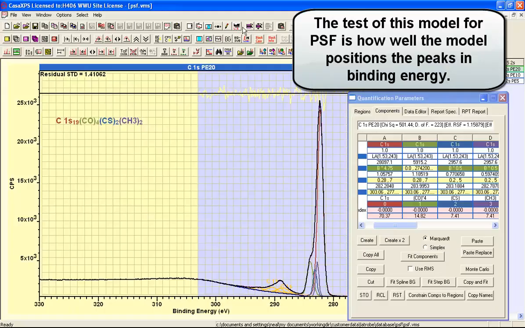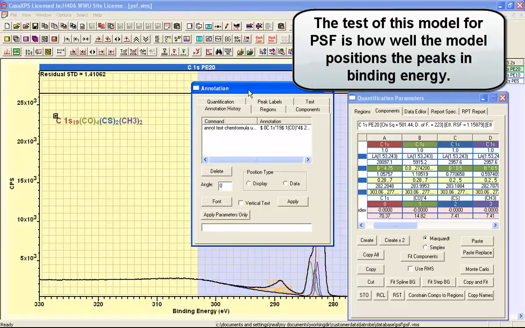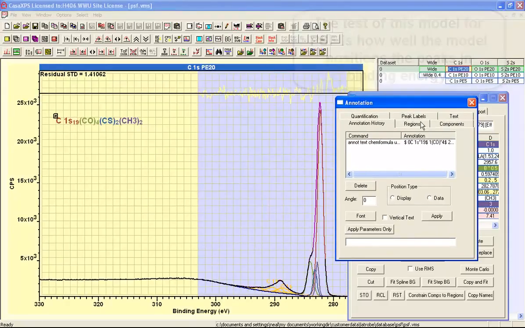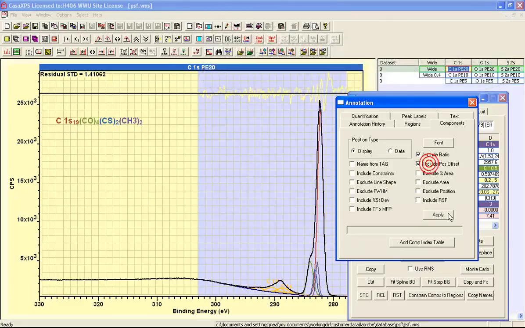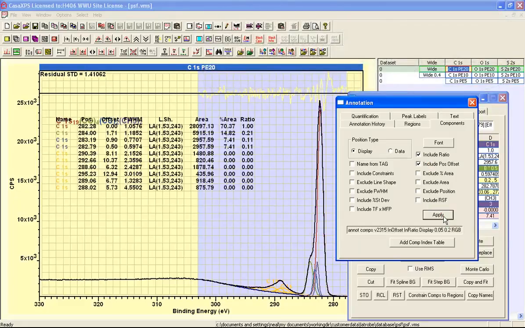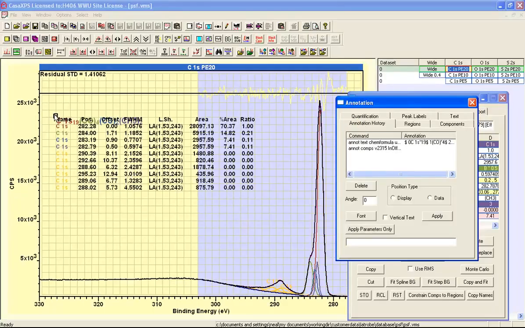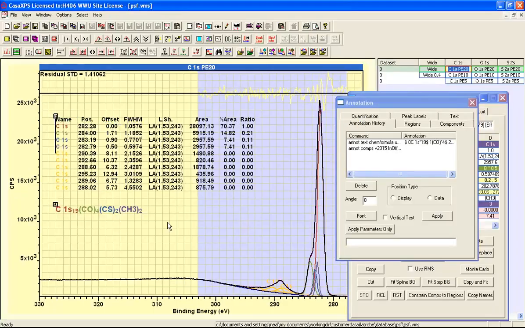And if I then add an annotation table, and we'll include in here the ratio and the offset, we can see that we've got peaks in a certain ratio, and we've got binding energies now to consider.